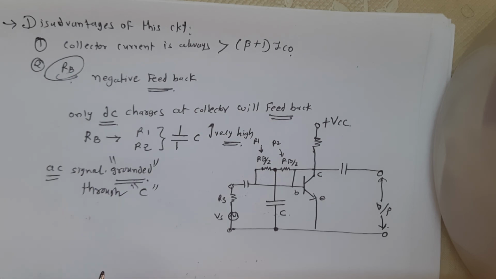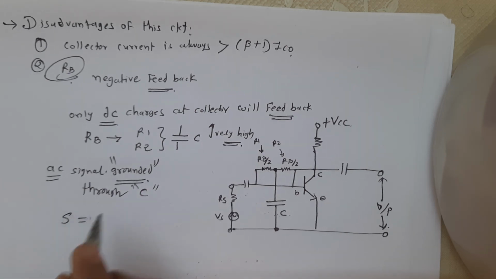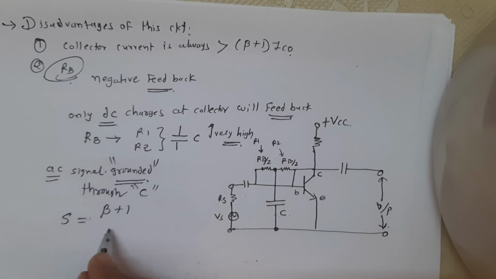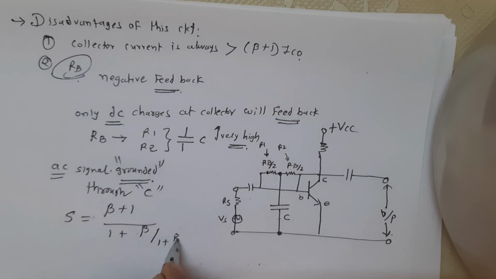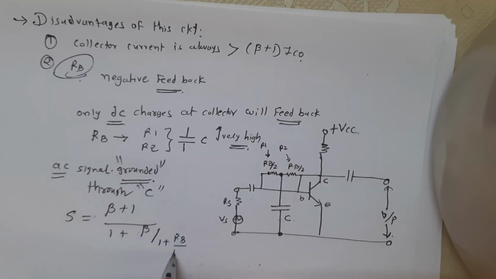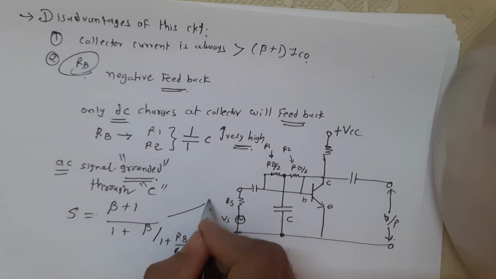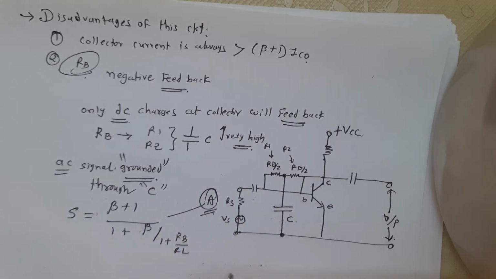So the stability factor S for the collector to base bias is given as S equals (beta plus 1) upon (1 plus beta upon (1 plus RB upon RL)). This is equation A. This equation shows that if RL is very small, then S will be nearly beta plus 1, that means stability will be very poor.